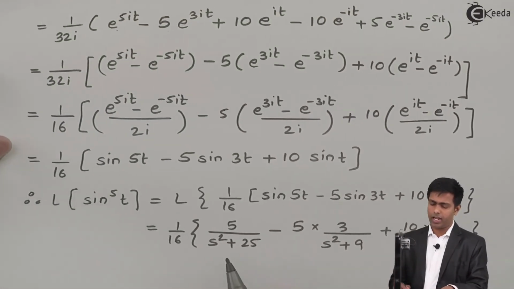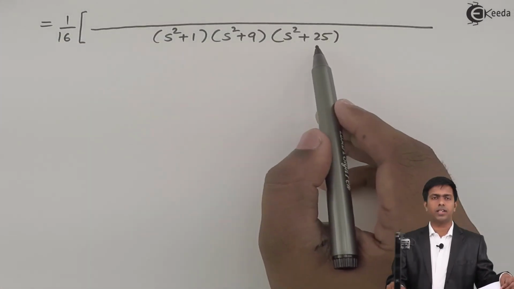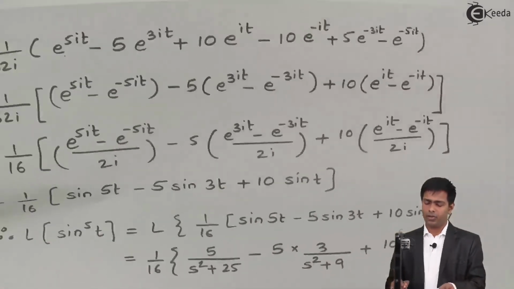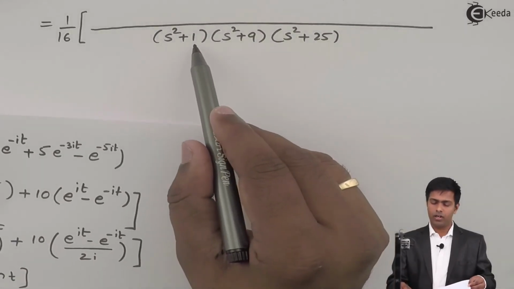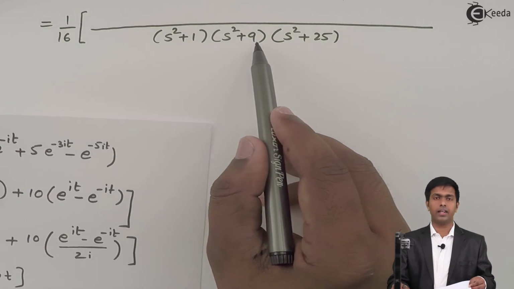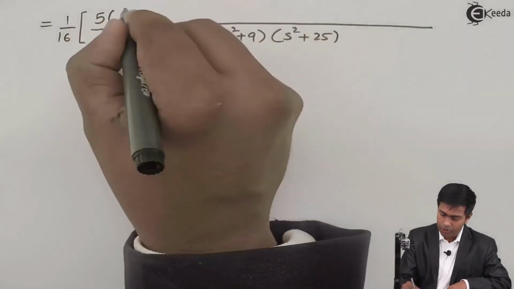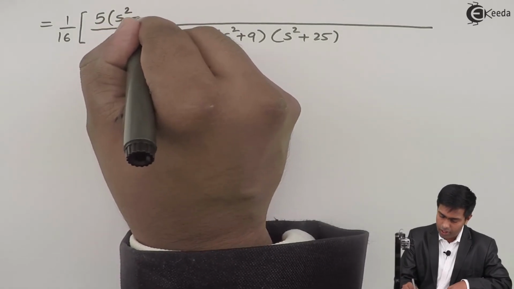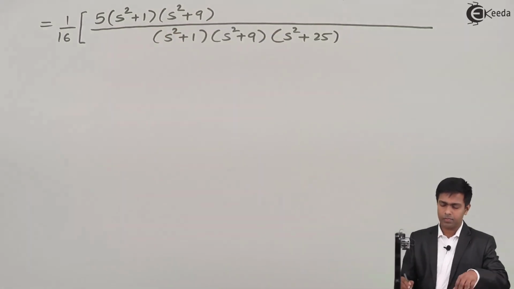So in the first term I have s square plus 25. So s square plus 9 and 25 is missing. So I'll multiply the numerator and denominator of first term with s square plus 1 and s square plus 9. So that will become 5 into s square plus 1 into s square plus 9.